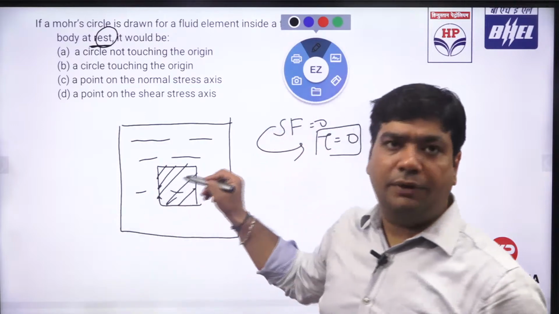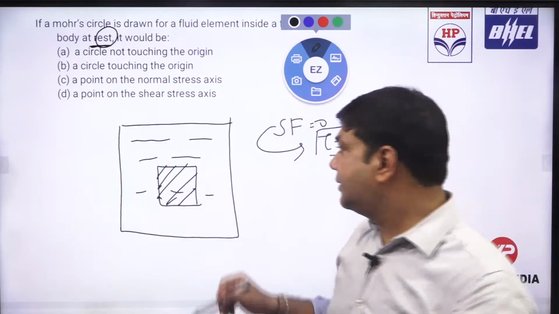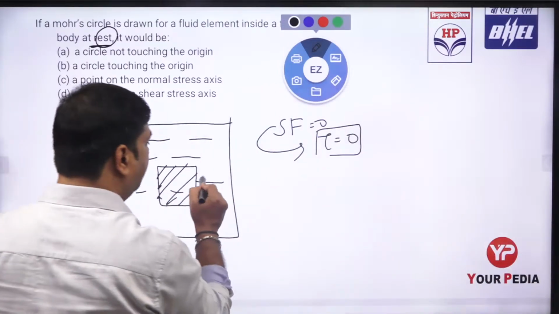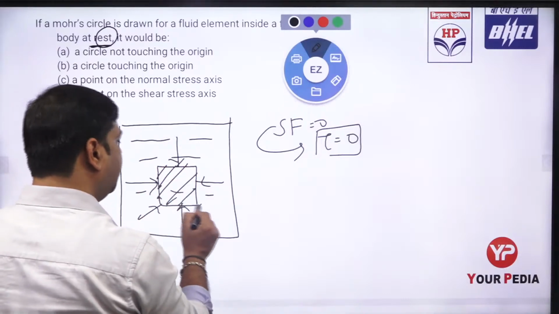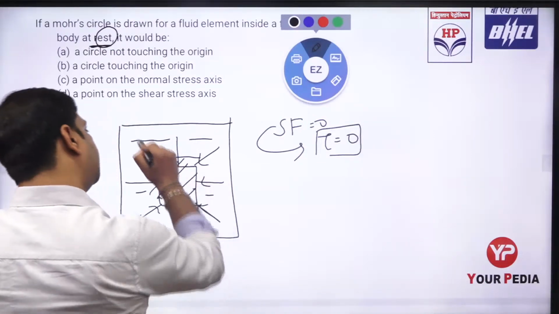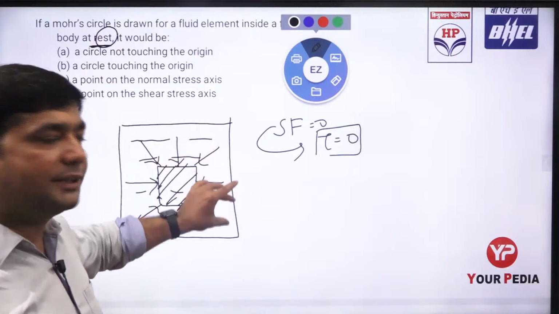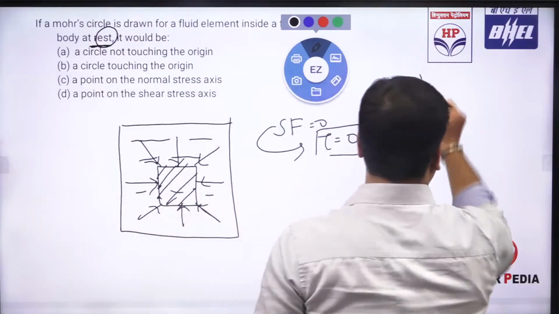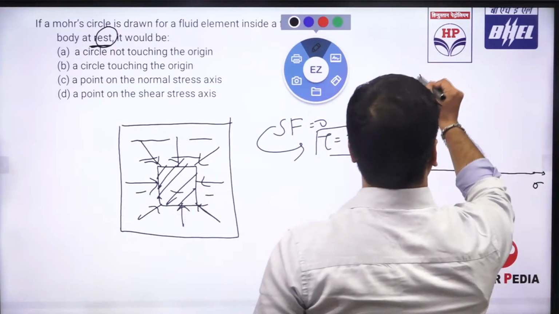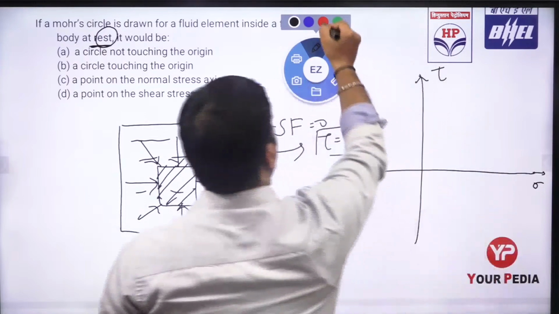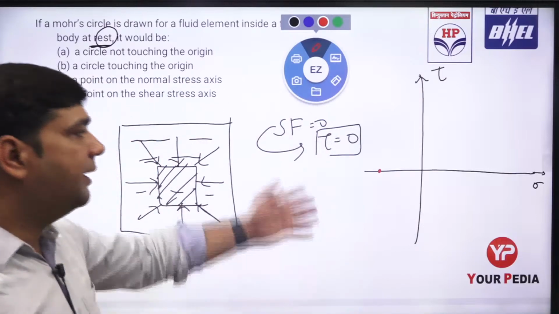But when I am talking about the fluid element, what will happen? A fluid element is surrounded by the fluid particles around it, so it is always going to be compressed. Equal forces are acting on all sides of the member, like this, which create equal stress, but in the negative direction. If I draw a Mohr circle for that, this is the normal stress and this is the shear stress. So it is just a point on the negative side of the normal stress axis.